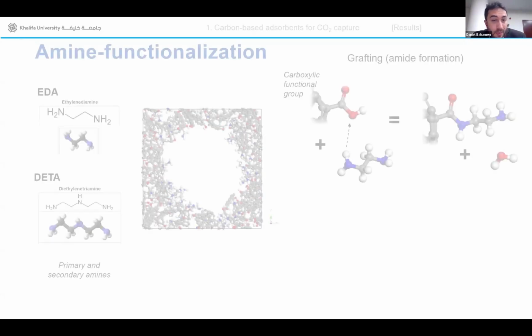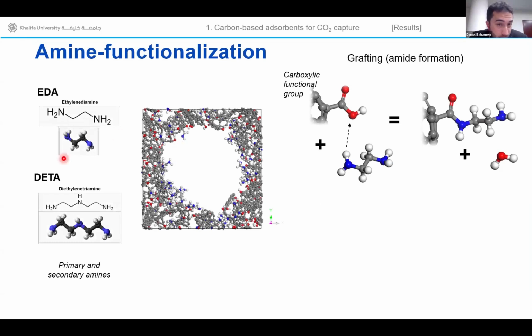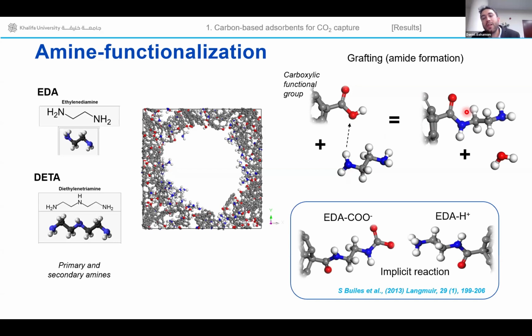The idea is basically to use some amines and try to graft them on the surface of the created pores, making use of an explicit reaction that takes place between the different oxygenated groups, in this case from the activated carbon, and the amine, to generate some amide formation. And then, after having this, explicitly including the reaction of the CO2 with the other amine in order to form some carbamates.